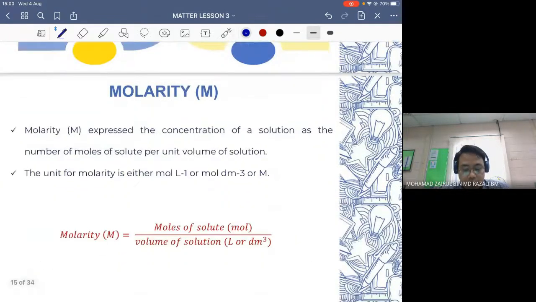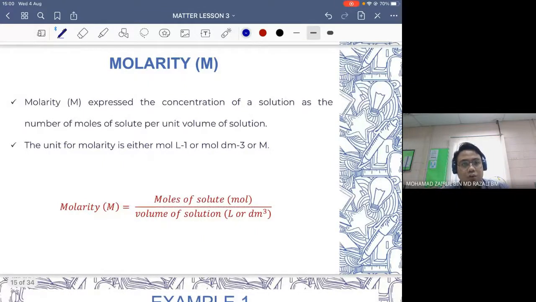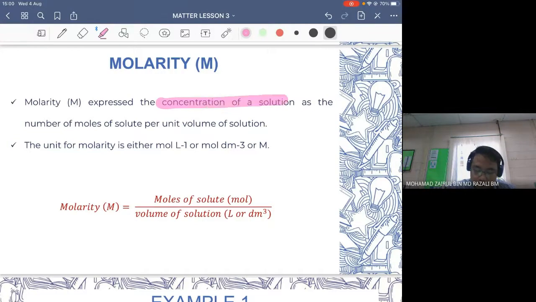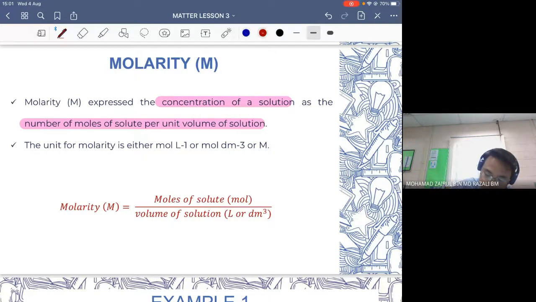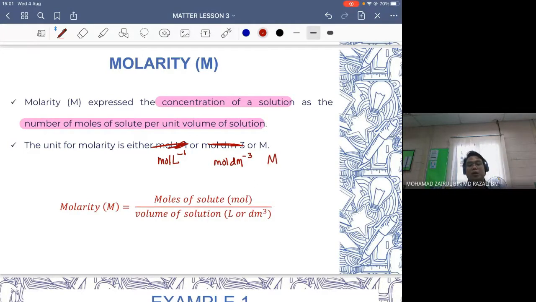Okay, so we go to the first one, which is the molarity. So molarity is expressing the concentration of solution as the number of mole of solute per unit volume of solution. So molarity, mole per volume. The unit for molarity can be either mole per liter or mole per decimeter cube or capital M. You can use either one lah.